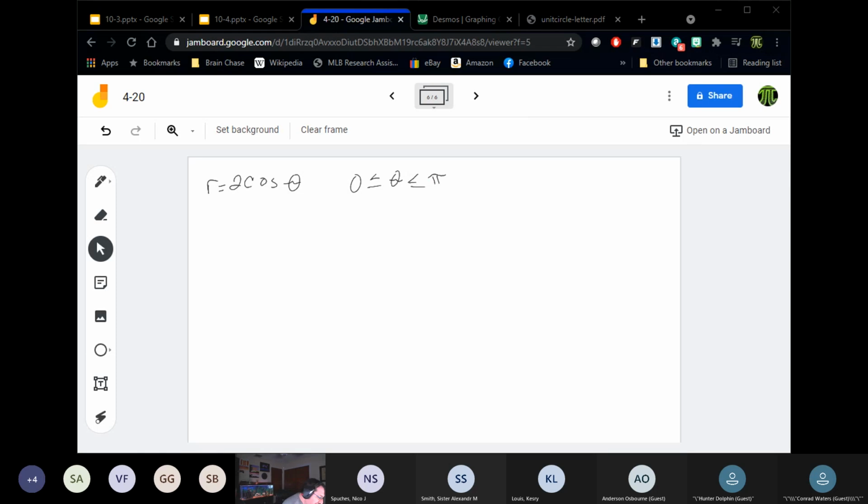So remember my arc length equation is the integral from a to b of the square root of r squared plus dr d theta squared, d theta. So I've got my r, so I need to find my dr d theta, which is just the derivative of that. So in this case, it's going to be negative 2 sine theta.